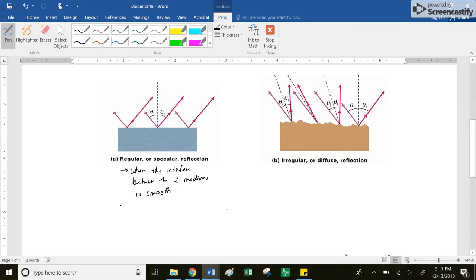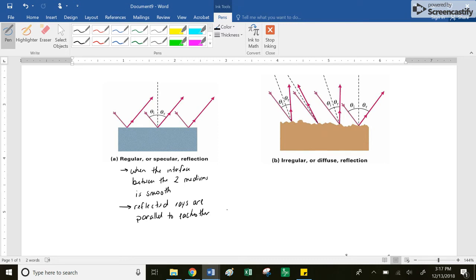What happens is that all the reflected rays are parallel to each other, and we get a nice smooth image, essentially.